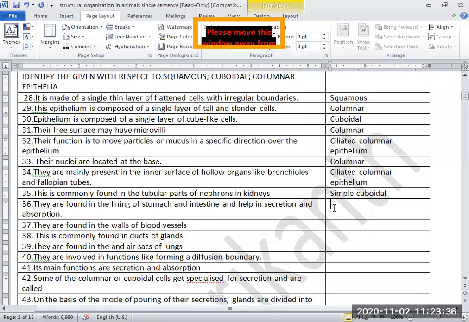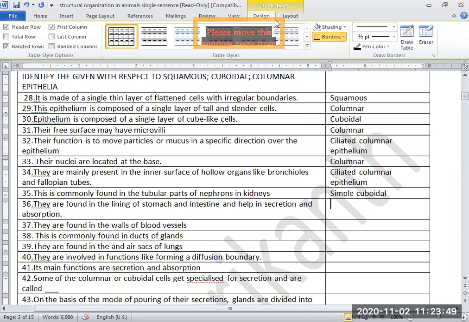They are found in the lining of stomach and intestine and help in secretion and absorption.